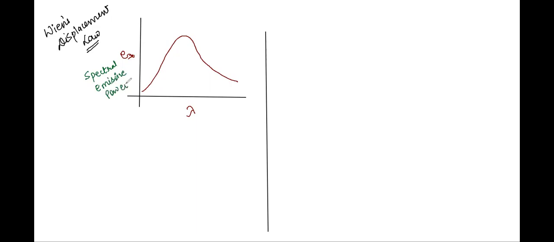So it says that if I have a wide range of lambda being existed, some lambda which are of low wavelength, some radiations which are of high wavelength, then again low wavelength. Let's say we are talking about different lambda values for radiation which are increasing in this manner.